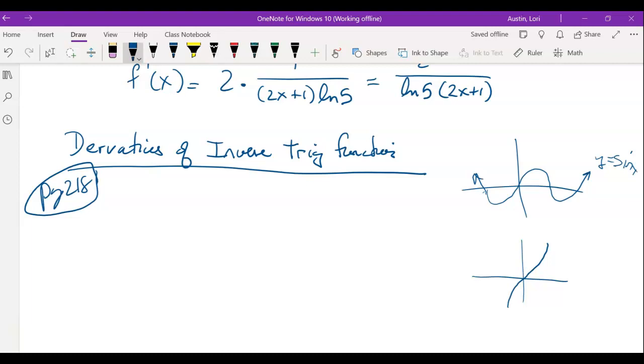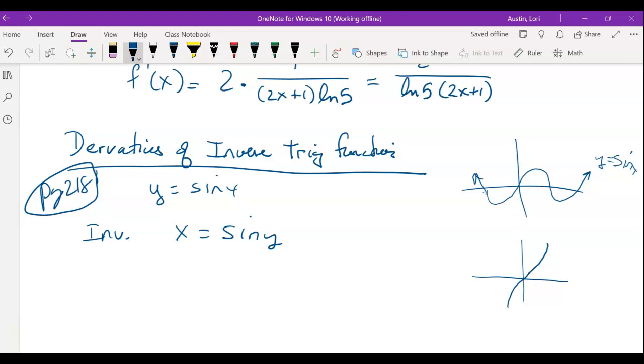So the idea is, if this is the original function, y equals sine x, your inverse function, right, is x equals sine y. You agree with that? That's the inverse function. So I can go ahead and use implicit differentiation. You just learned implicit differentiation. Let's use implicit differentiation on that, because it's not a function, since it's going to squiggle up and down the y.